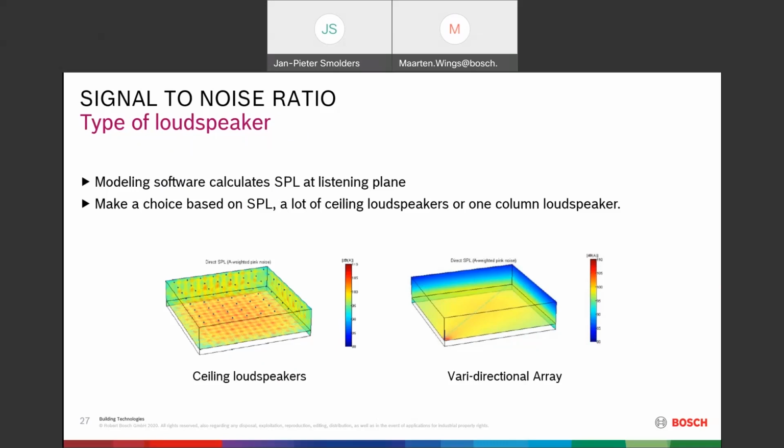And on the right side, you see the Vari directional array here on the side, just one loudspeaker also covering the area. So this also might be a reason to choose maybe an array instead of a number of loudspeakers, where you can save on installation costs and maybe also the cost of the amount of loudspeakers.